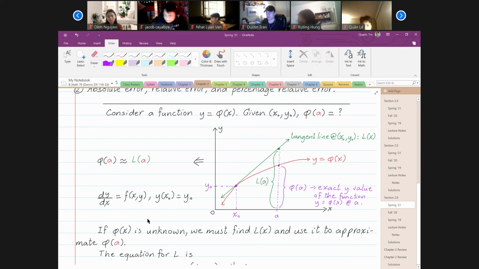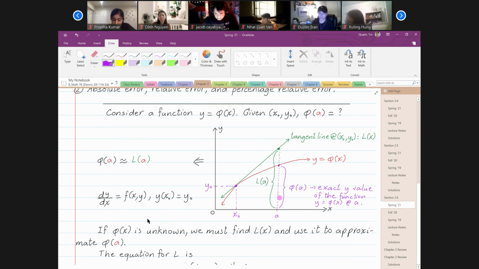Is your estimated value in this case smaller or bigger than the actual value? Bigger. Because your actual value is this y value from here to here. But you are saying that that is approximately equal to this y value, which is much bigger, right? So that is an overestimate in this case, not underestimate, okay?